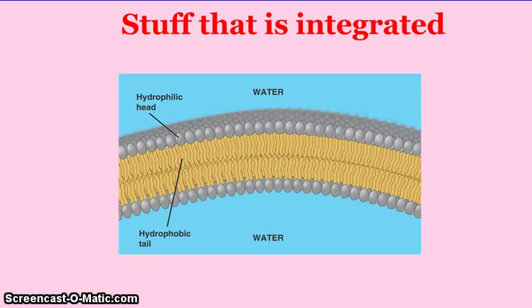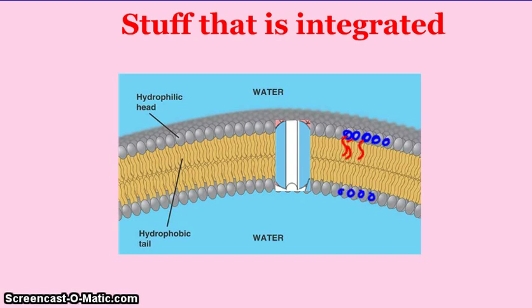Which brings us to a discussion of things that are integrated into the cell membrane. Integrated means they are part of the cell membrane. And there are a couple of things that are integrated. First of all, we have things called protein channels. Protein channels are structures that the cell builds and then embeds or integrates into the phospholipid bilayer. So here we see that bilayer again, right? Hydrophilic heads, hydrophobic tails.